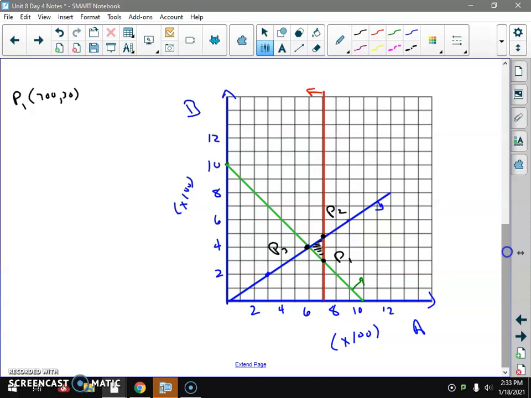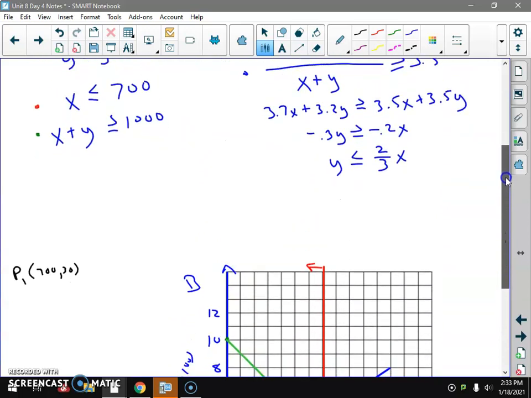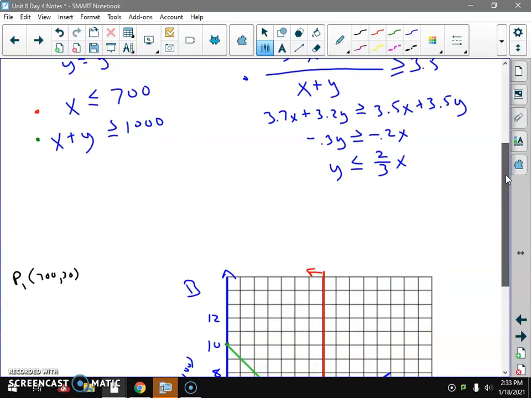Well, we can solve our system. So point 2 is red-blue, which would be red, x equals 700, blue, y equals 2/3 x.